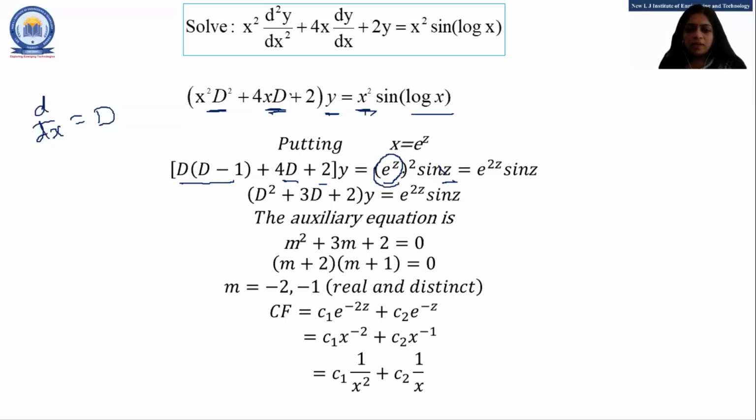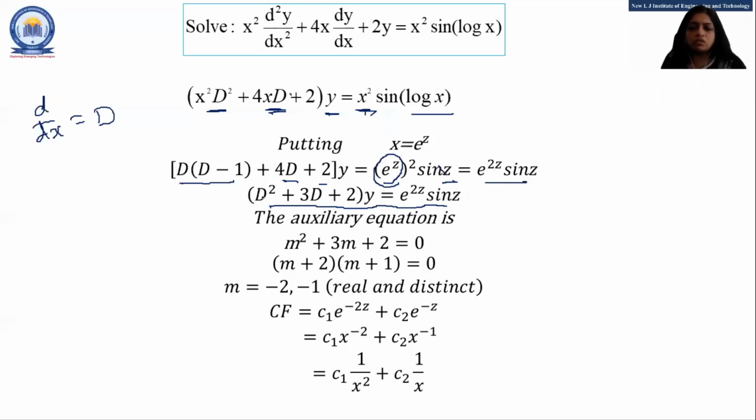So after simplification, e raised to 2z into sine z, and the left hand side is d square minus d plus 4d, that is just plus 3d. So d square plus 3d plus 2 into y is equal to e raised to 2z sine z, right? So this is my equation after simplification.